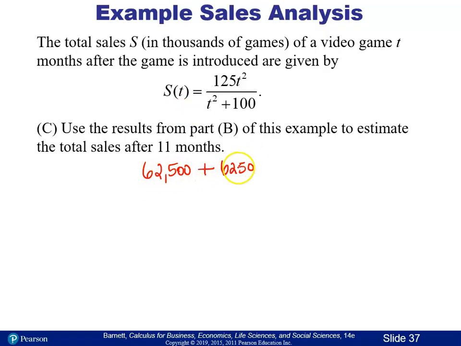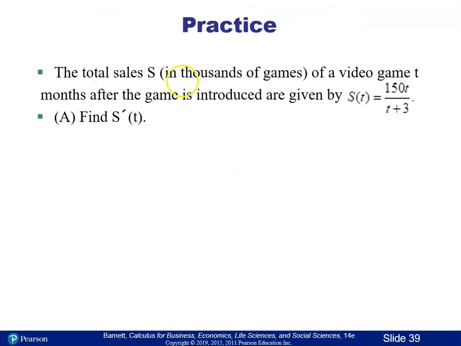This represents one additional month. If I combine those together, this is going to give me the total number of games after the 11th month. And again, that's an estimate. I could plug in 11 into the actual function, and that's going to give me the actual number of sales after 11 months.